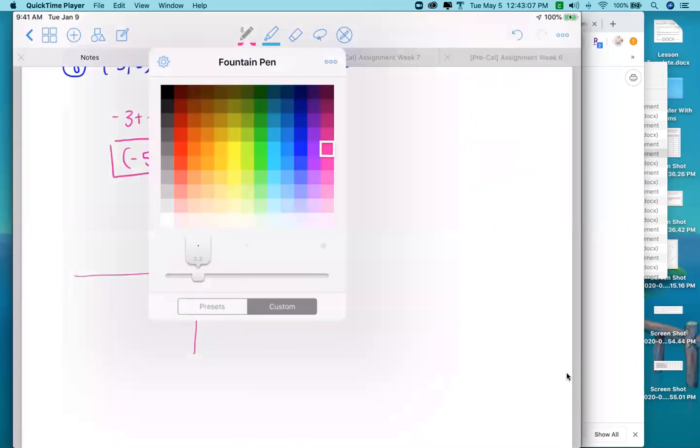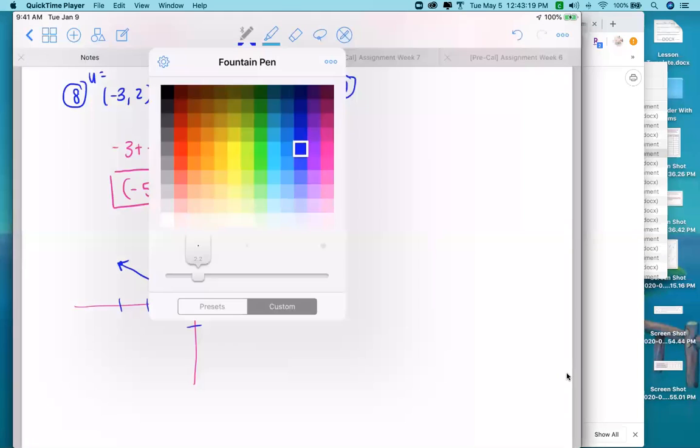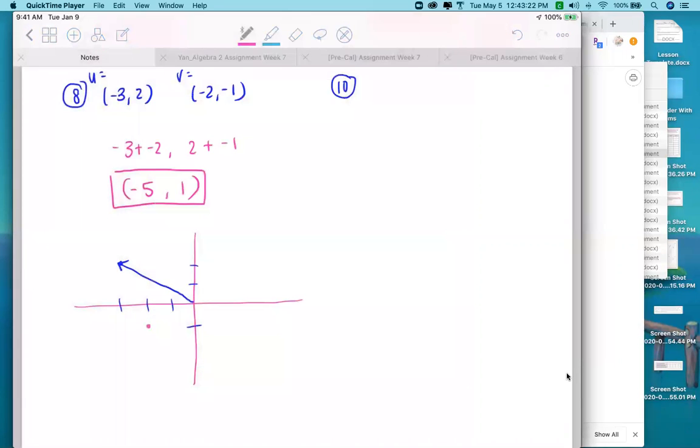Let me see. -3 comma 2 is up here. You usually don't have to do anything to U, but V is the one that we have to redraw. This is V, right? So I have to redraw V to make a parallelogram, and we draw it at the top.